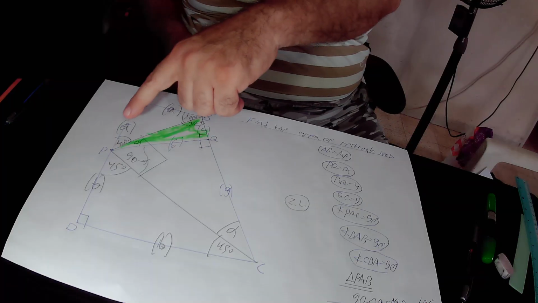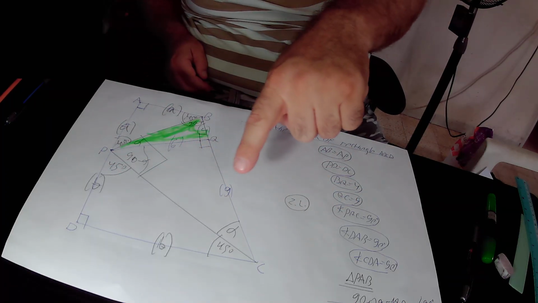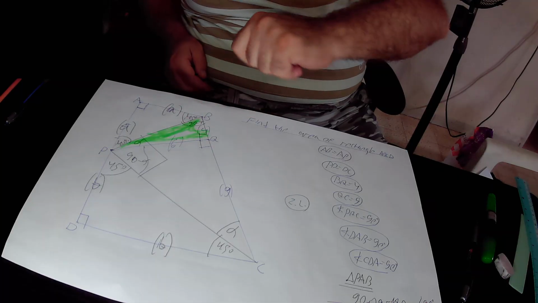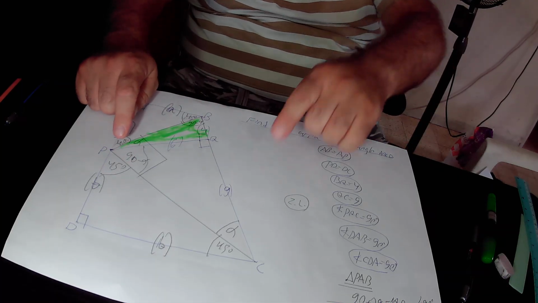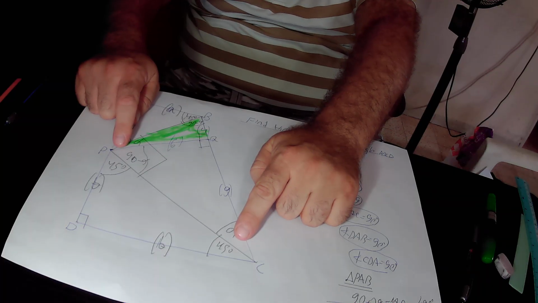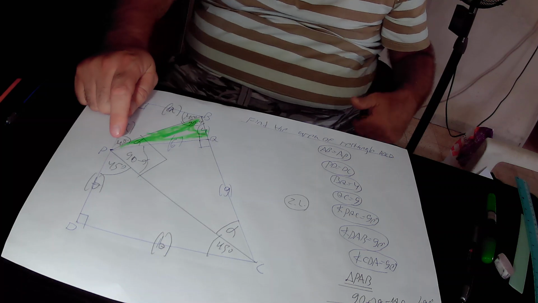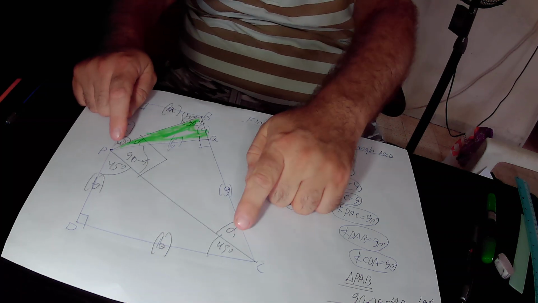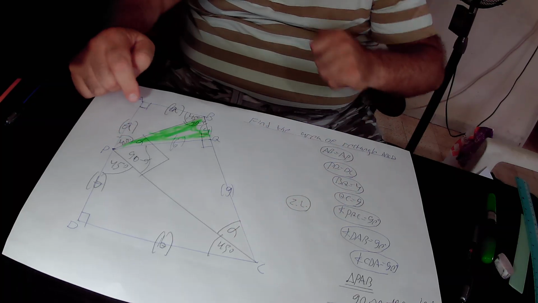Therefore, this is the right triangle PDC. This is also an isosceles triangle because PD equals DC. We have one right angle, and those two angles must be equal to 45 degrees, each of them, because we have already shown it here.